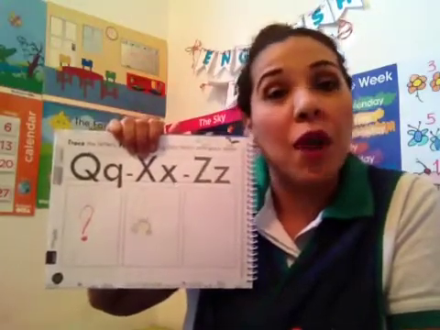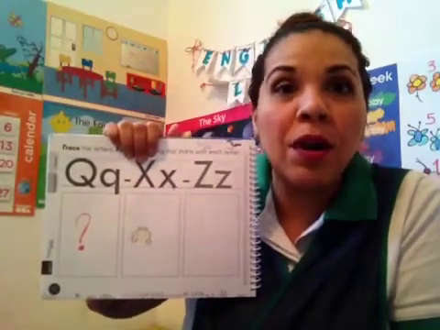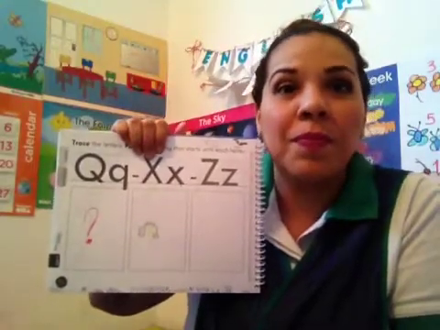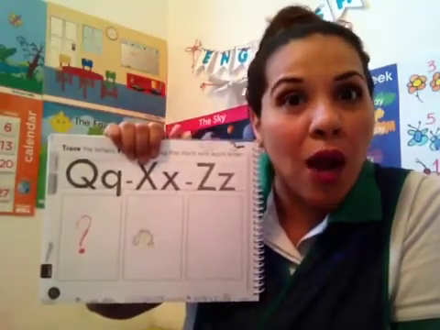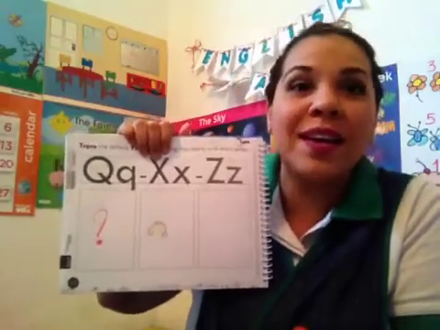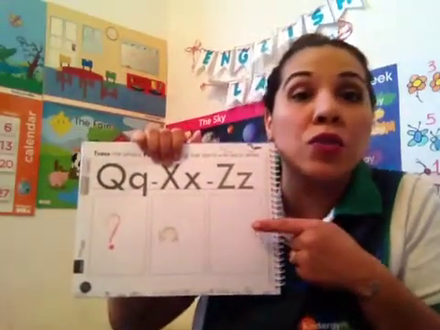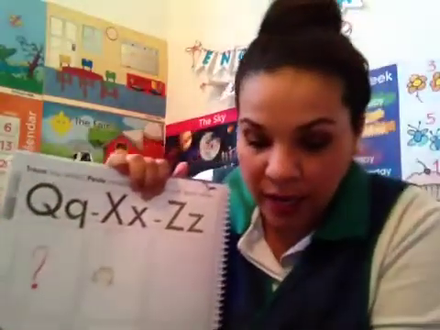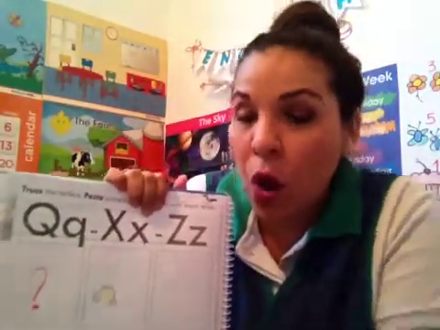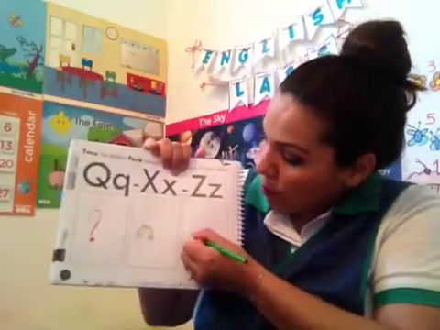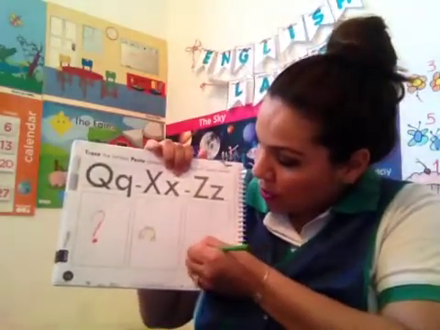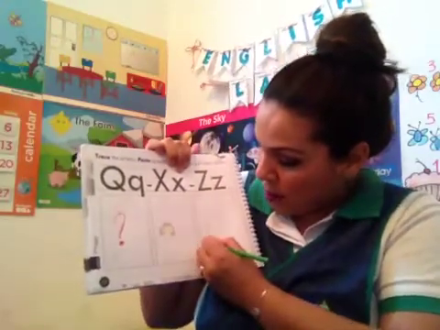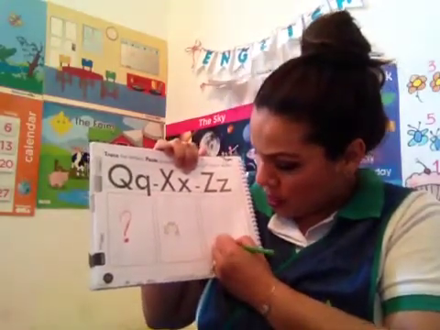Okay, so far we have zipper, zookeeper, zoo, zero, number 0. Very good. Okay, now I am going to draw one object that begins with letter Z, and I am going to draw number 0. Okay, very good. Number 0, right there.